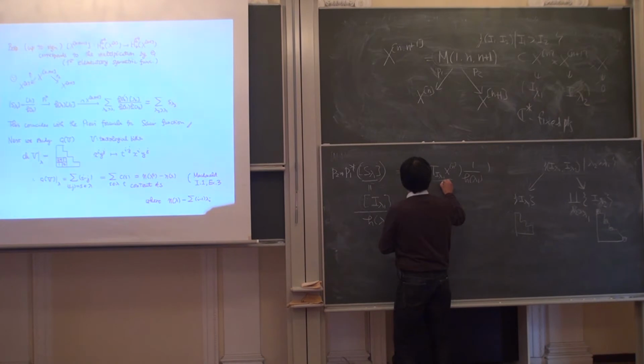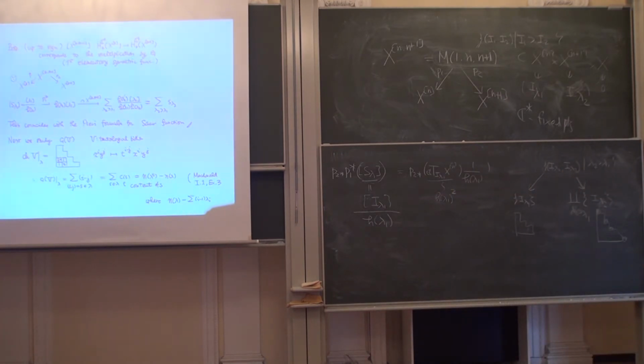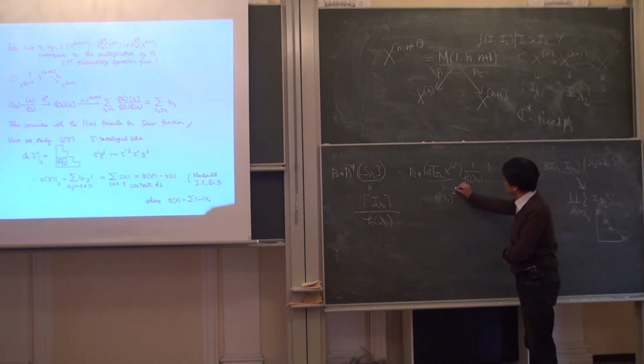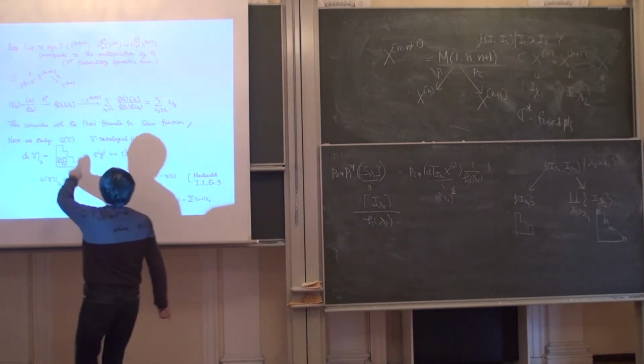But this is up to sign, this is h. And if I forget the epsilon, then this is the square of h lambda 1. So one factor cancels. So that is just given by this.